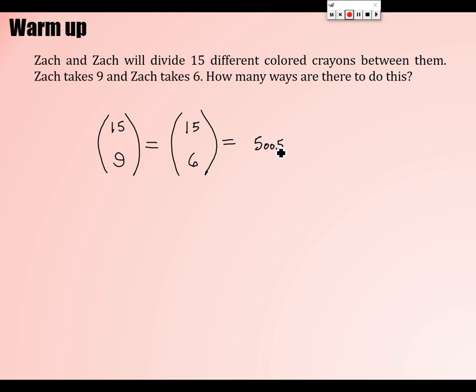They're both 1. 15 choose 1, 15 choose 14. They're both 15. So it does make sense that this is the case. If Zach takes 9, the other Zach is left without any choices in his life. The 6 have already been decided for him. It's over.